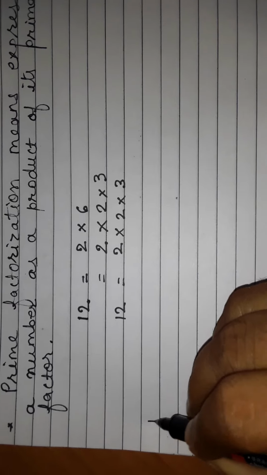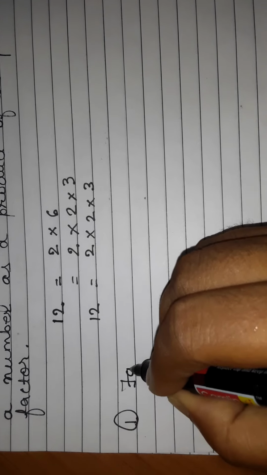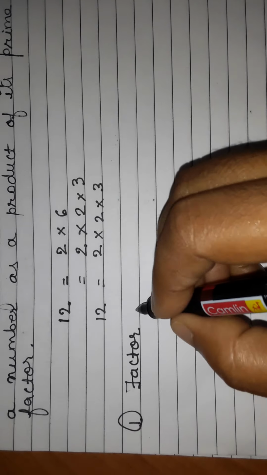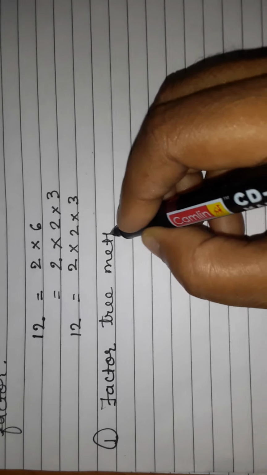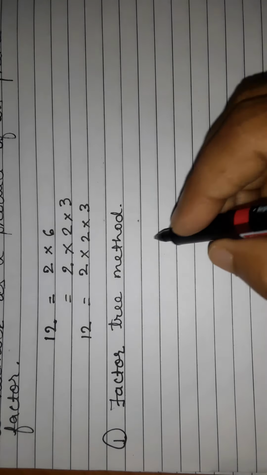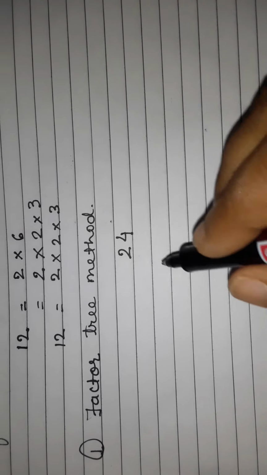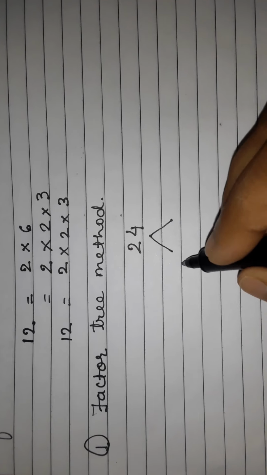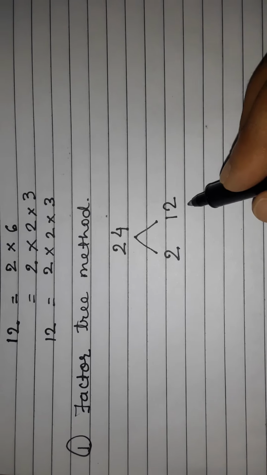Now, this prime factorization can be found out using two methods. First one is the factor tree method. Here we'll take one number, suppose 24. Now, one number should be prime, that is 2 12s. This is composite.